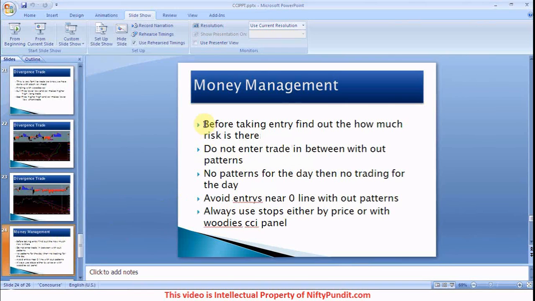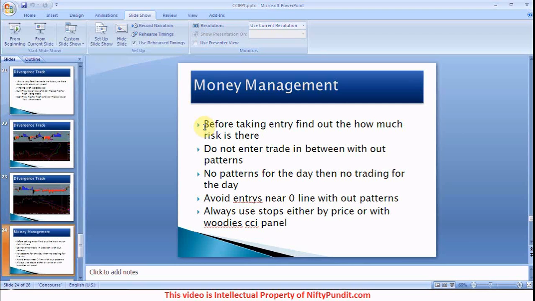This is the most important one, money management. You have to understand it well and follow it correctly. Before taking entry, find out how much risk you can take. Always take minimum risk for higher profits. Do not enter a trade without patterns.